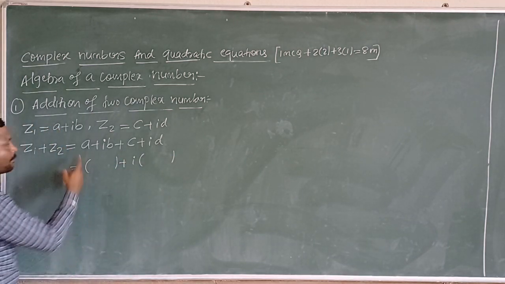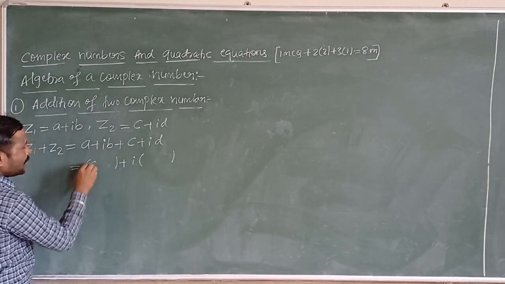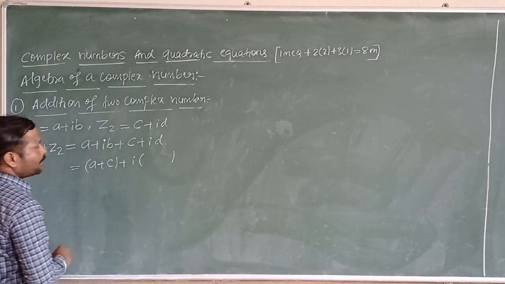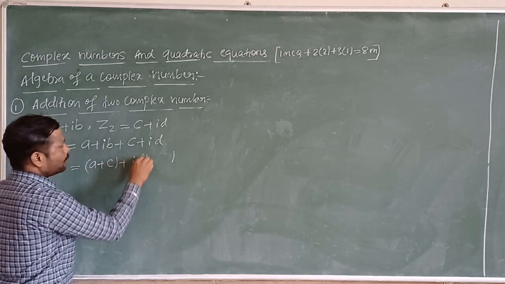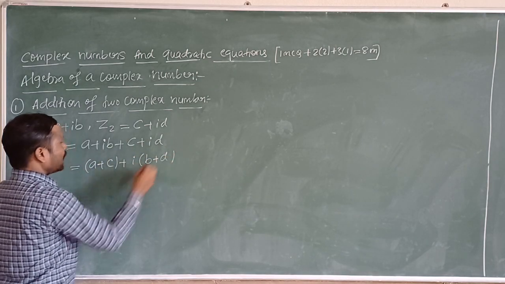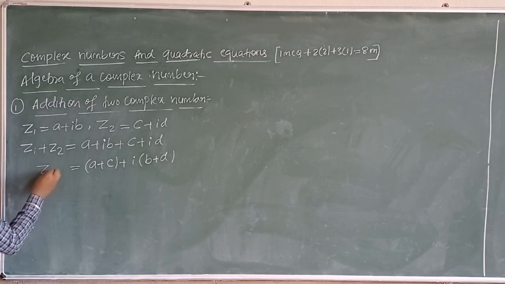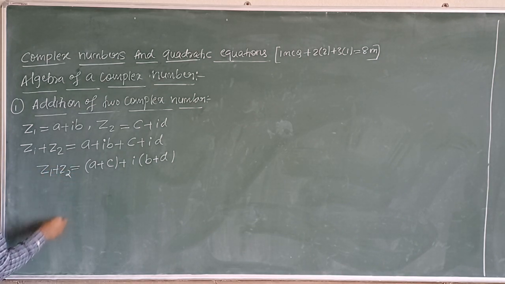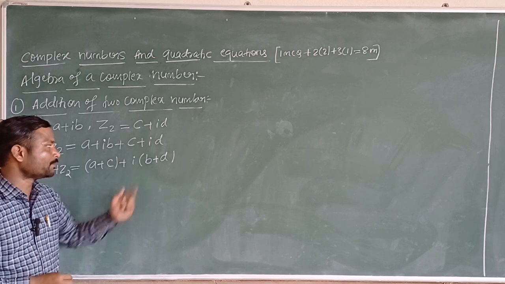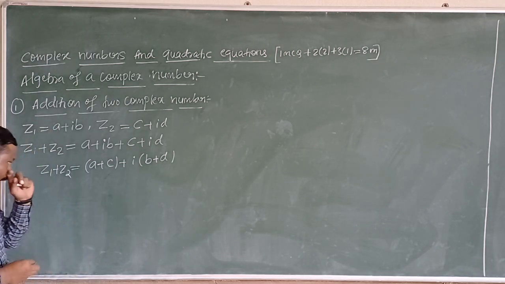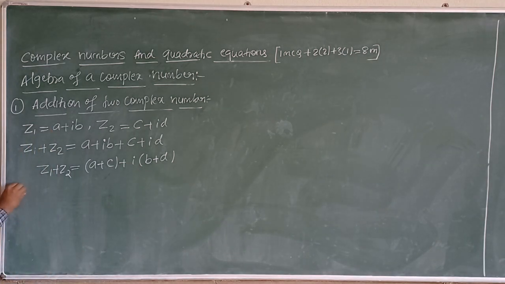The real parts are a and c, that is a plus c. For the imaginary part, take i common, and the remaining terms are b and d. This is the sum of the two complex numbers, answer in general form: a plus c plus i into b plus d.